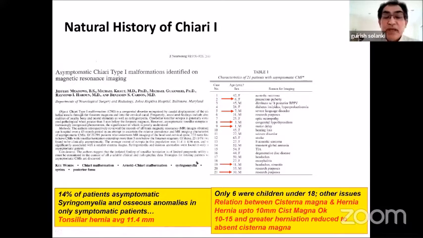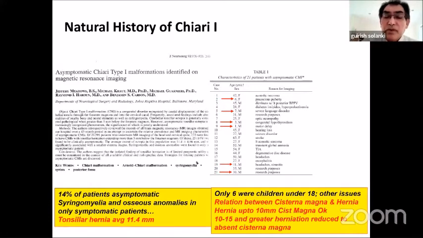So that's 14%. Now, when they looked in detail, what they found is that the presence of syringomyelia or osseous anomalies was present only in those patients that had a symptomatic hernia. So it is not everybody that presents with tonsillar hernia. And they found as well that the presence of syringomyelia was associated with a tonsillar hernia of about 11.4 millimeters.